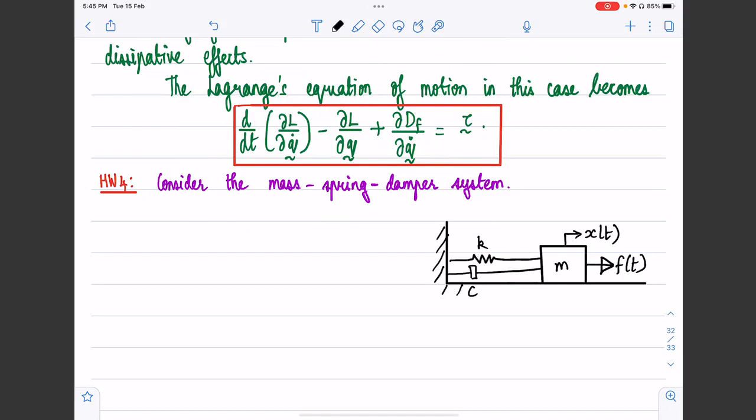This viscous damper models the dissipative effects. The Rayleigh's dissipation function for this viscous damper is going to be F equals 1 by 2 c times x dot squared. This is also something which I'm giving to you.